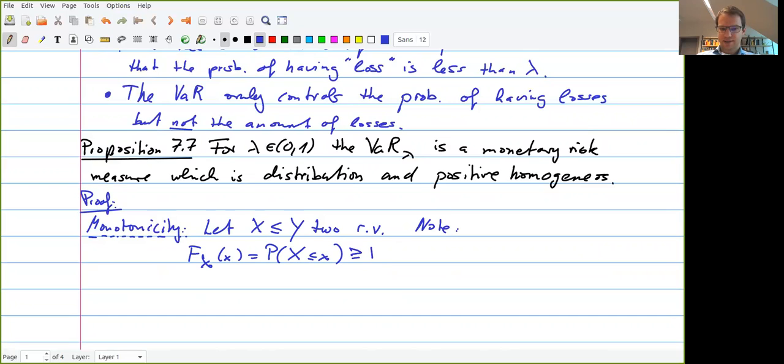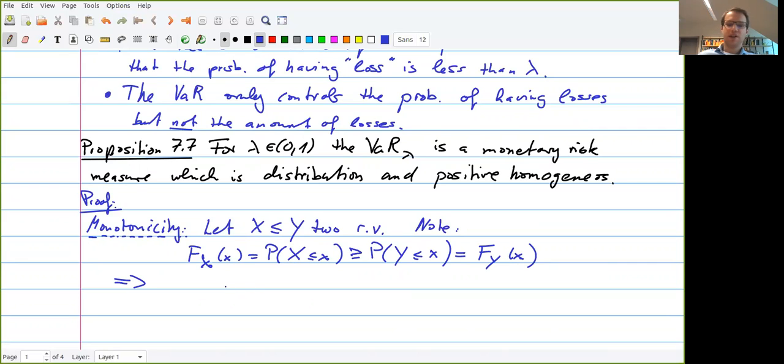And if Y is bigger than X, the probability that Y is less or equal than x gets smaller, right? Because if Y is less than x, then we also know that X is less than x, but the other way around might not be true. And this is the distribution function of Y.